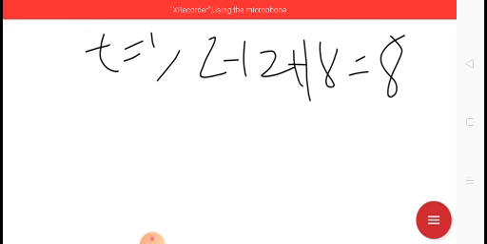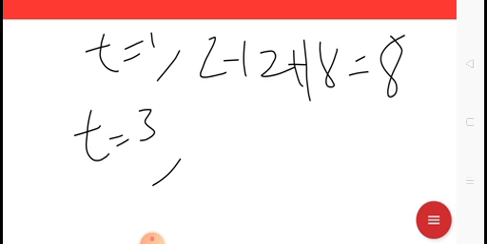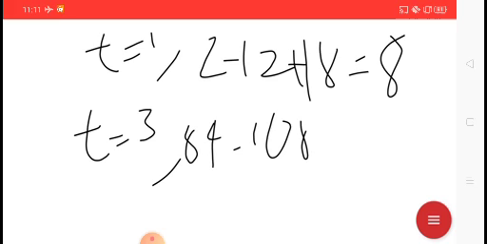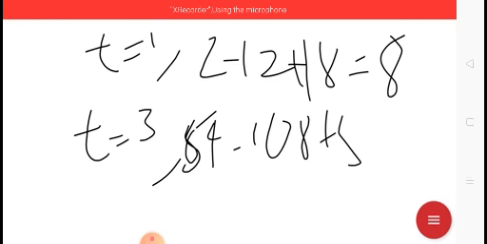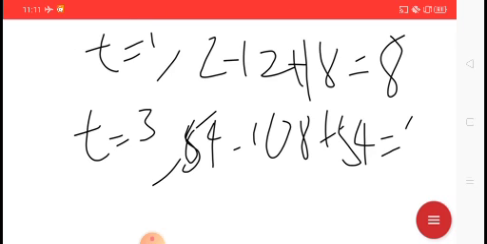And when t equals 3, you have 54 minus 108 plus 54, and you get s equal to 0. So s equals 0 at t equals 3.